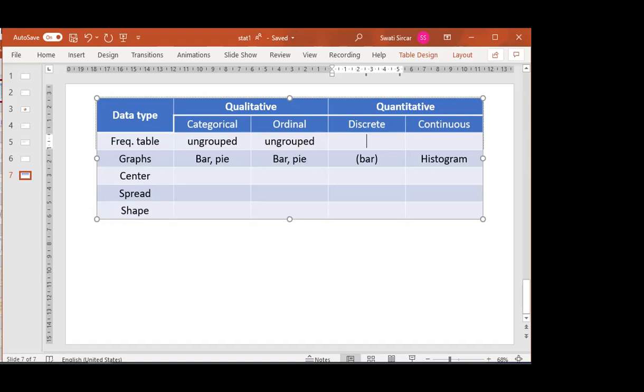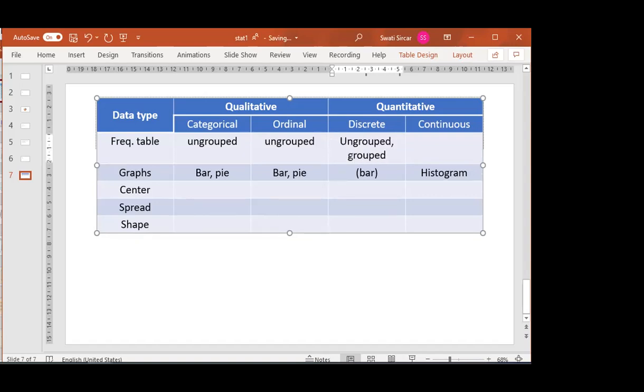If you make any frequency distribution with class intervals, that is called a grouped frequency table. So in the case of discrete data, it can be ungrouped or grouped depending upon the situation. In the case of continuous data, most of the time it is grouped, unless you have very few data values.